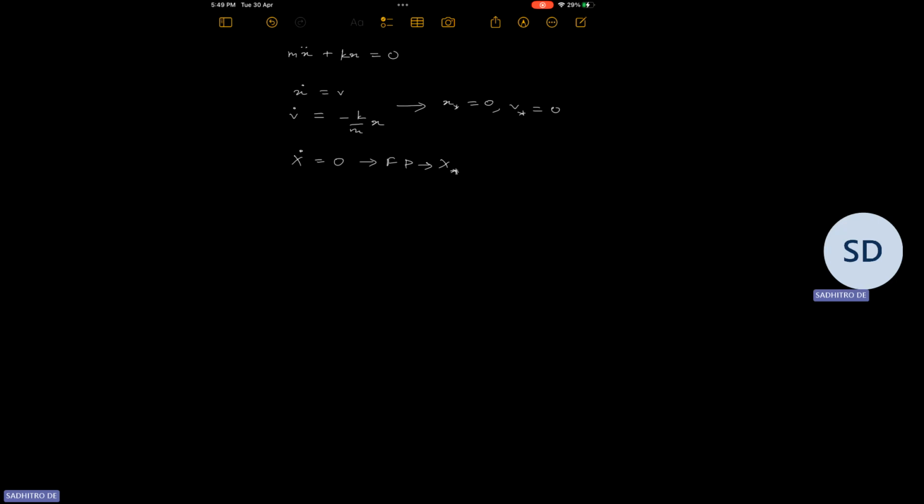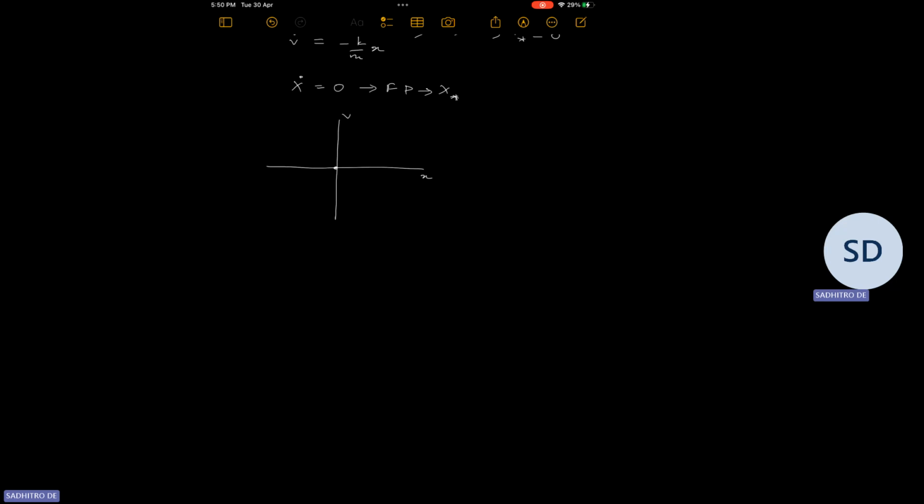But for the moment, what does the vector field of this system look like? This is simply a simple harmonic oscillator. This is x and this is v. And the trajectories are basically ellipses which go around like this.